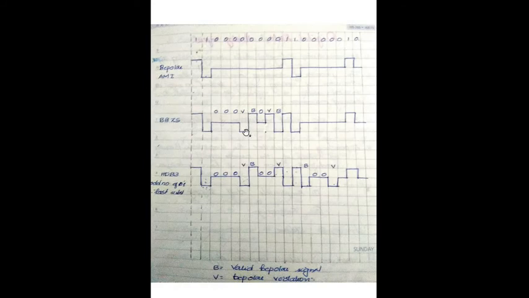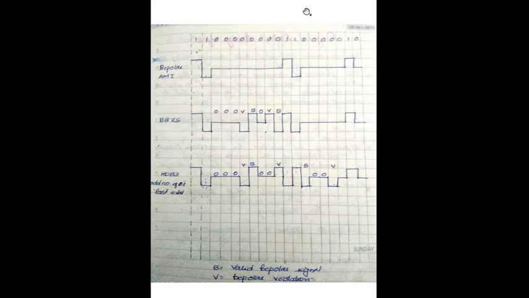So it is a violation of the bipolar AMI property, and it is marked V. Then it becomes positive, which is the valid bipolar AMI, considered B. So B, 0, V, and V. Then for the next 1, we just alternate from the previous one, so it becomes positive.